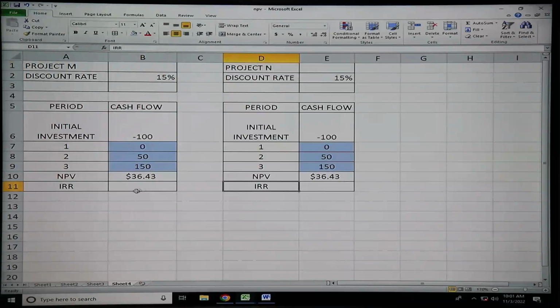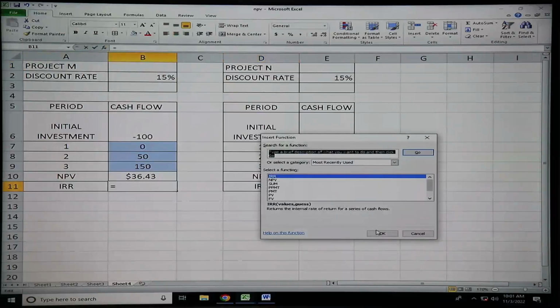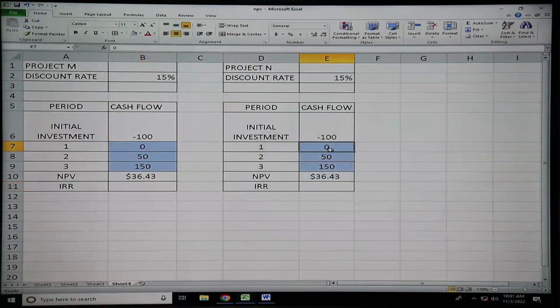Then you insert the internal rate of return. With this data, we are going to interchange the values. Here we will start with $150. Here we have 0, and here we have 0.